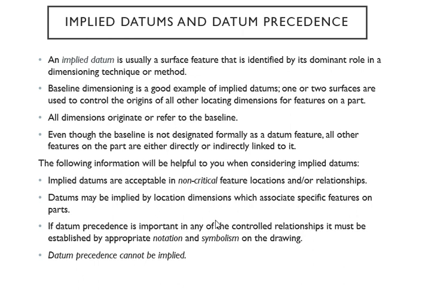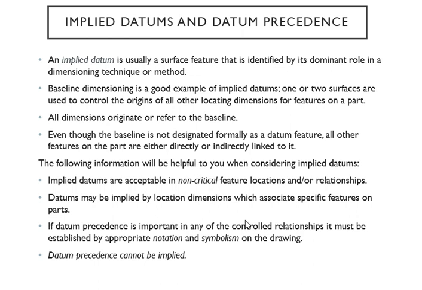We use the implied datums for non-critical, and also very important, feature locations or relations. And then you can imply the datums by location dimensions associated with the specific features on your part. And your precedence is important.